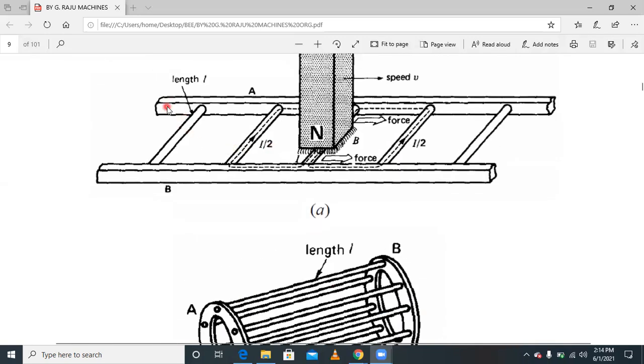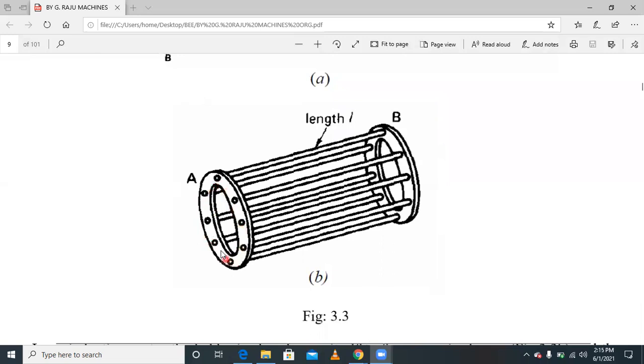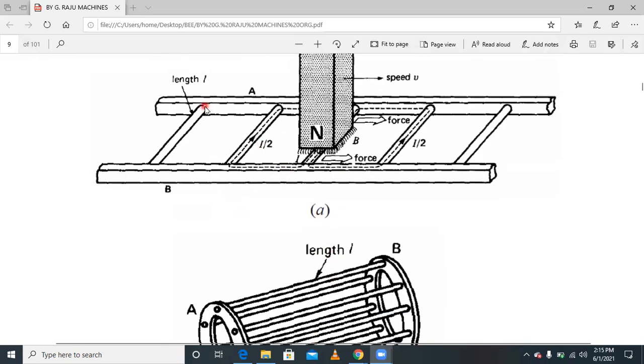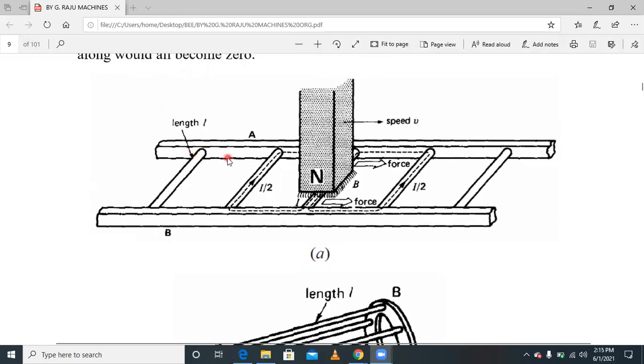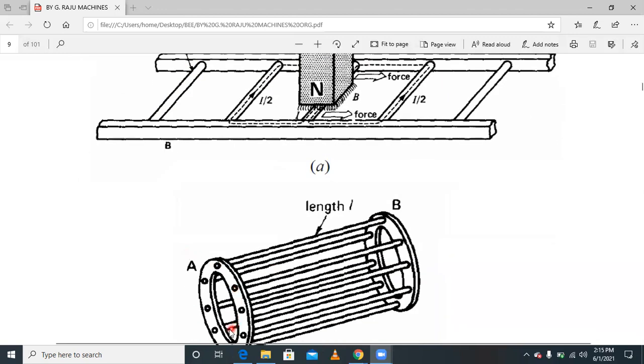When the squirrel cage is cut and opened out to one side, it looks just like a ladder. This is the aluminum conductor or copper bar of length L. A is one end ring, and B is the other end.